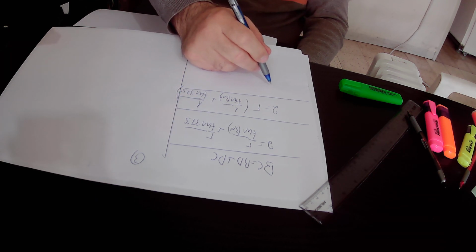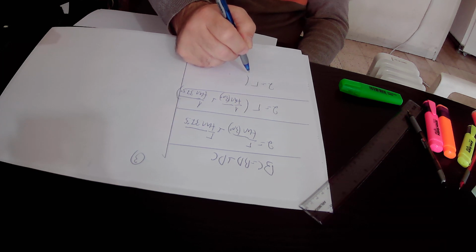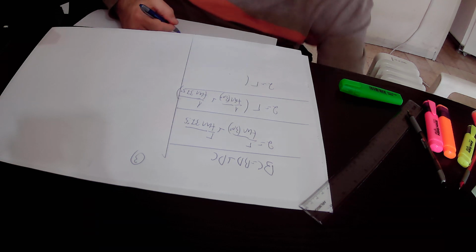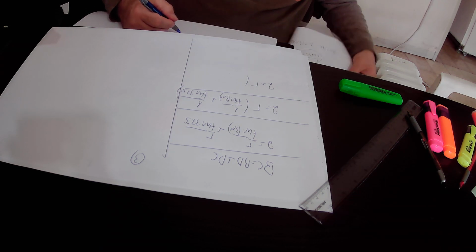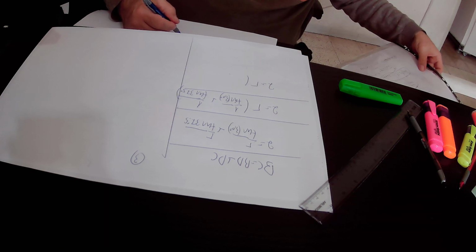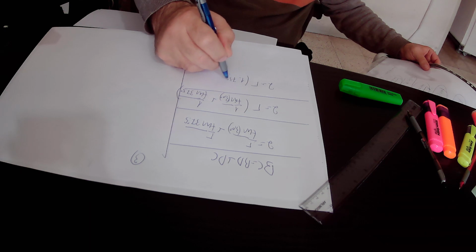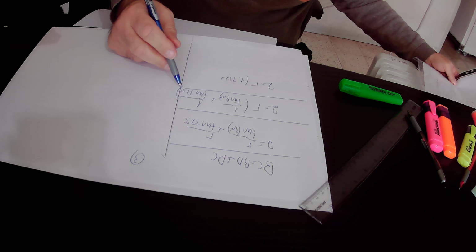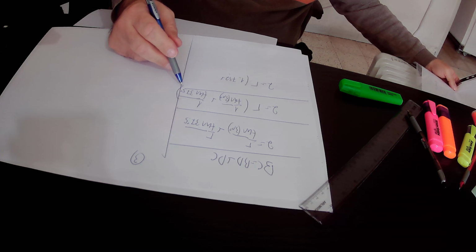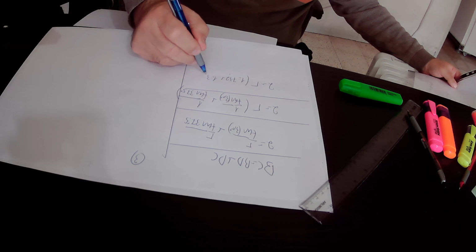So we found that 2 equals R times, 1 over tan 30 degrees equals 1.732, plus 1 over tan 37.5 degrees, which equals 1.3032.